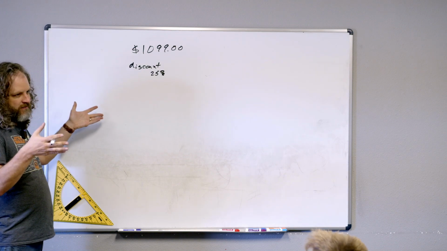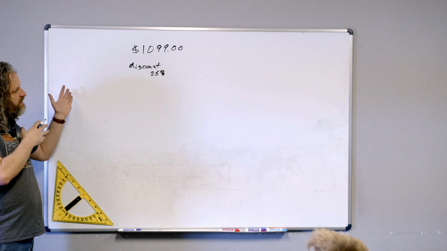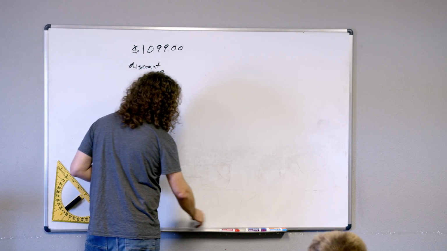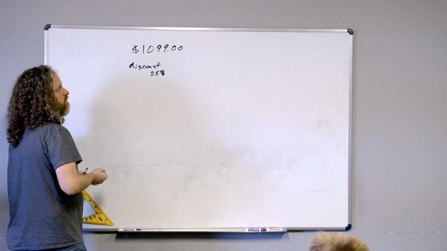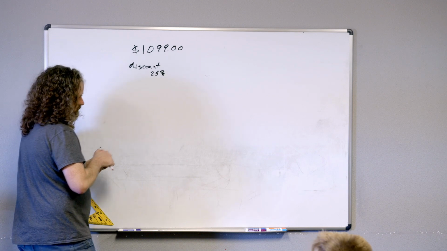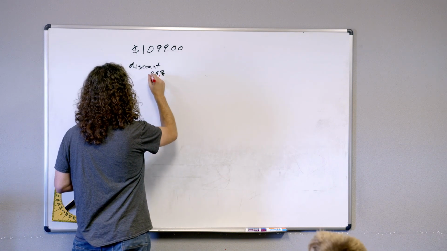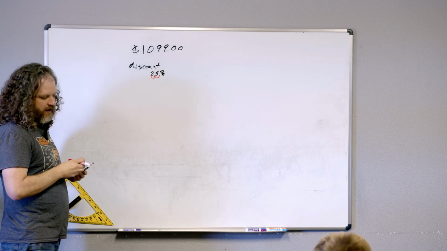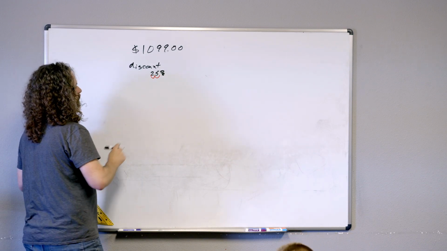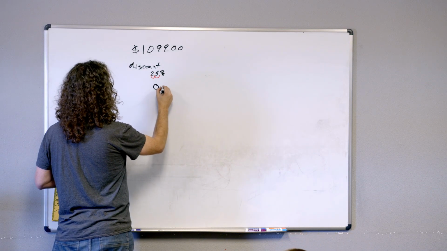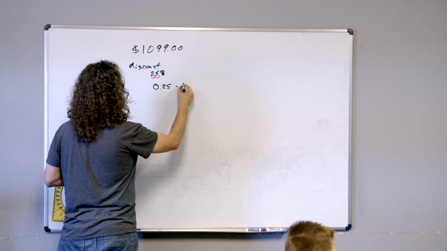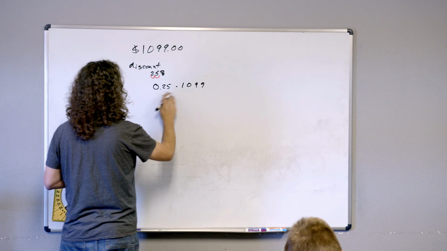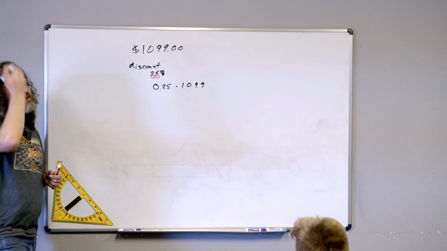We have to convert them to something else. We have to make them either a decimal or a fraction. So if we want to make this a decimal, what do we do? Move over the decimal twice, because we're dividing it by 100, right? So we're finding 25% of 1,099. What is 25% of 1,099?